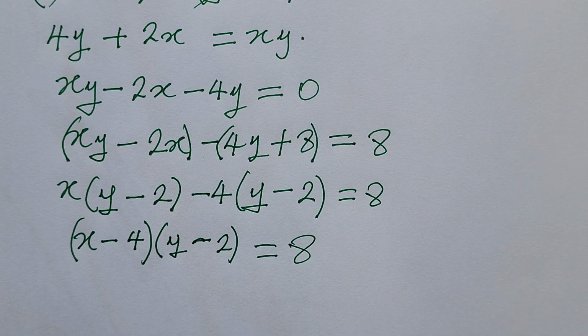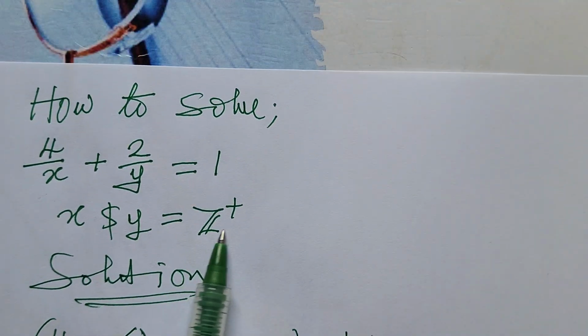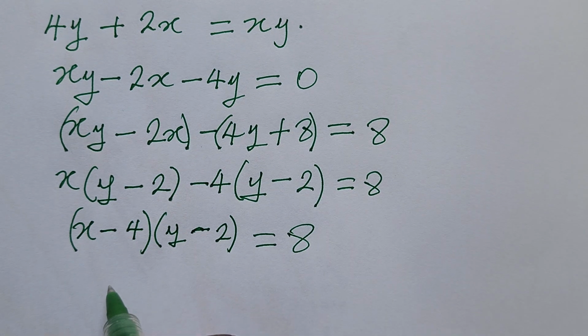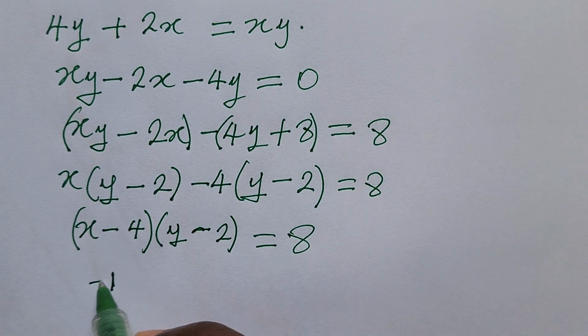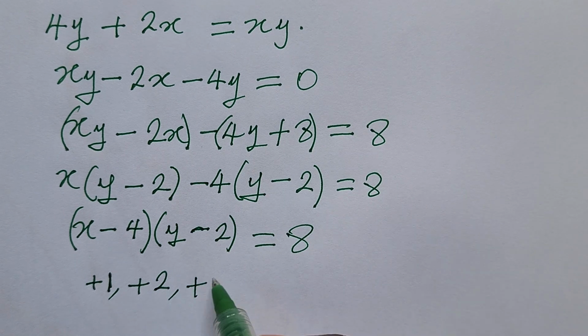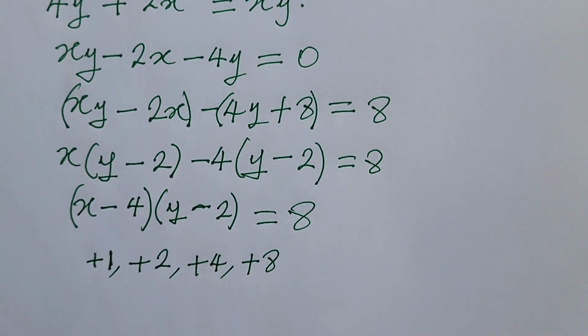Okay, so at this point what we do is easy. We look for the positive factors of 8 only, because of the condition given here. The positive factors of 8 are plus 1, plus 2, plus 4, and plus 8 itself.